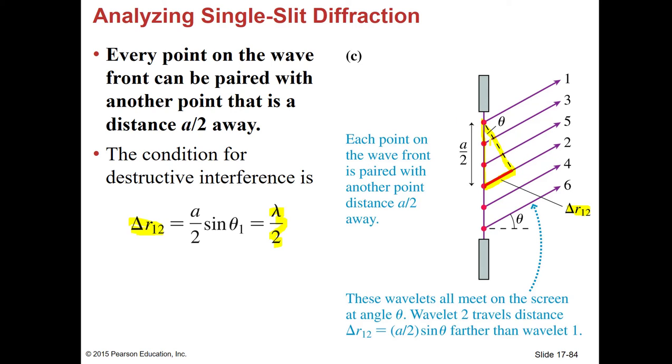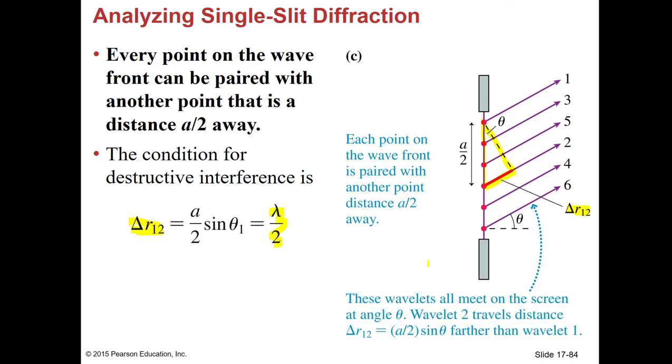The sine of theta here would have to be delta R12 divided by the distance between them, the hypotenuse of the triangle. This is just to derive the formula, and then we can use the results of it. We're doing it in a similar way to what we did before. This is one wave, but we're thinking about it as made up of a whole bunch of other waves. It's a little harder to think about, I think, because it really is just one slit.